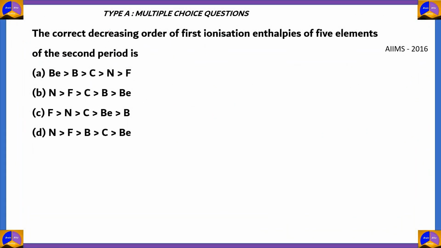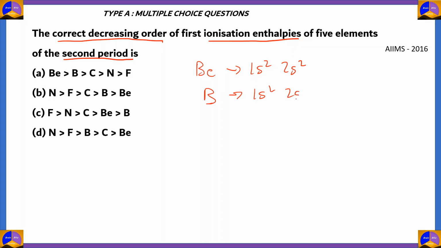Now, we need to find out the correct decreasing order of first ionization enthalpies of 5 elements of the second period. So how do we do it? So here beryllium is 1s2, 2s2, boron is 1s2, 2s2, and then 2p1.